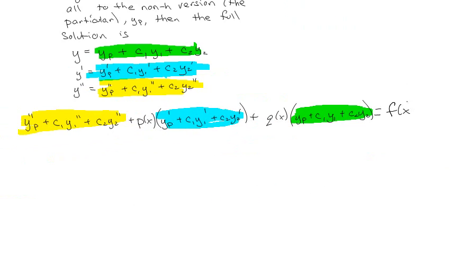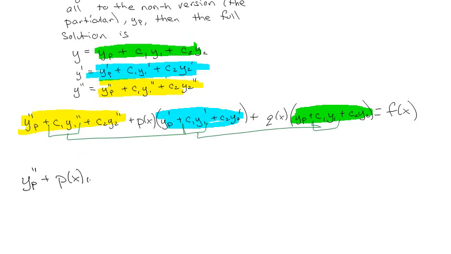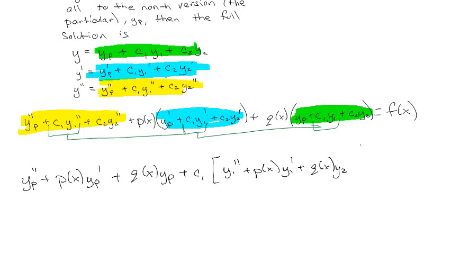I'm going to posit that that is equal to, not 0, but f(x). Now, this probably isn't too hard to see, because by the time I multiply everything out, I can rearrange stuff to where I have y_p double prime plus p y_p prime plus q y_p, and then c1 times (y1 double prime plus p(x) y1 prime plus q(x) y1), and then c2 times the same stuff, just with 2's.